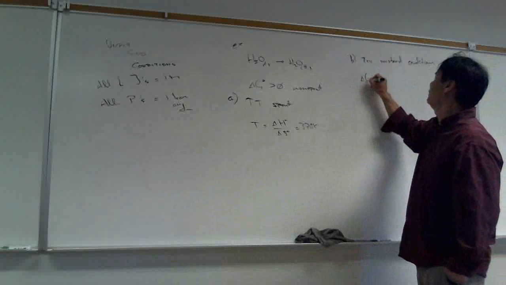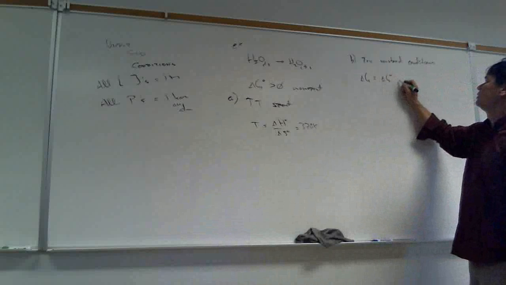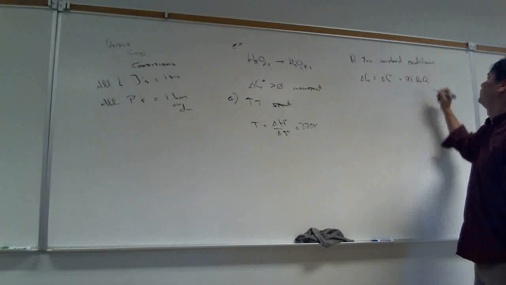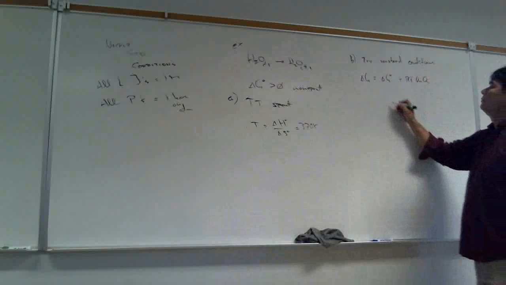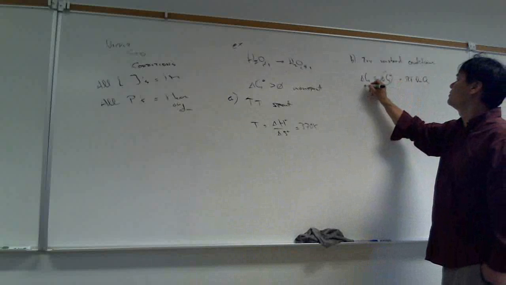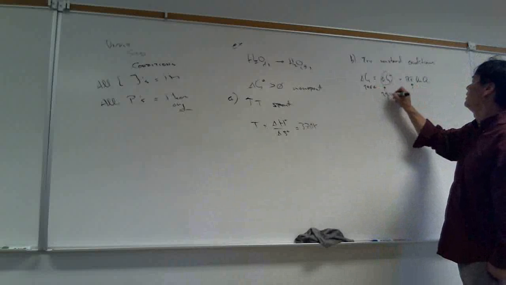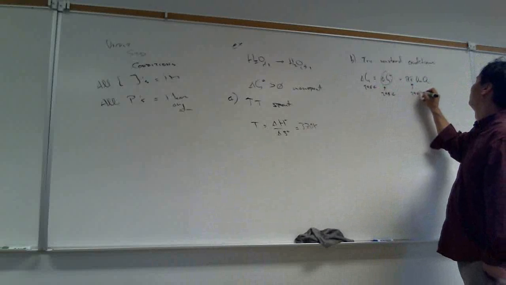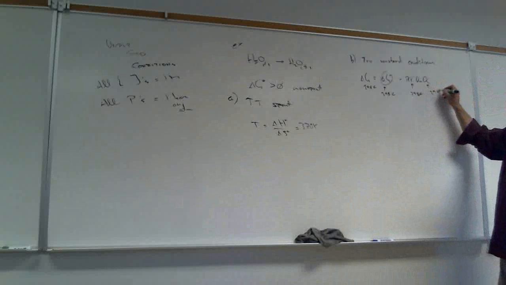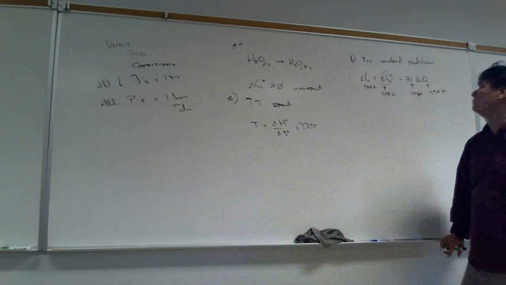We would go to delta G is equal to delta G naught under standard conditions plus RT ln of Q. Here we know what delta G naught is at 298, and so everything's going to be at 298 Kelvin. We're just going to try going non-standard here.